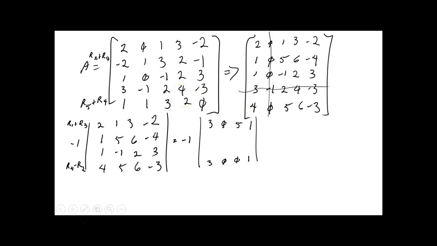Now, since we're arbitrarily doing some things, why don't we keep row 3, 1, minus 1, 2, 3, and do row 2 plus 5 row 3. Is that okay? Okay, let's do that one. And what do you get?